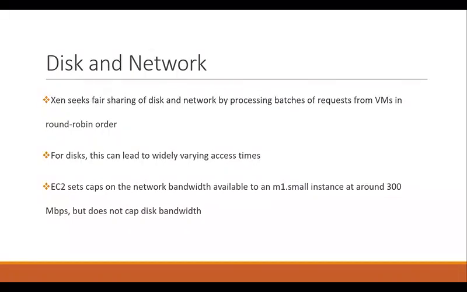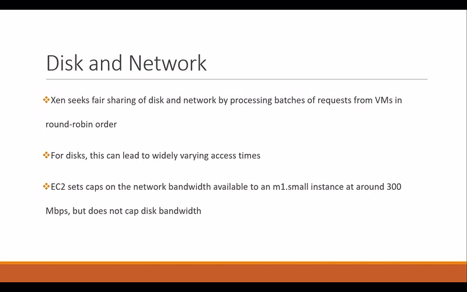They have an observation here for EC2, which is a computing service from Amazon AWS. EC2 sets caps or capacity limits on the network bandwidth available to an instance at around 300 megabits per second, but it does not cap the disk bandwidth.